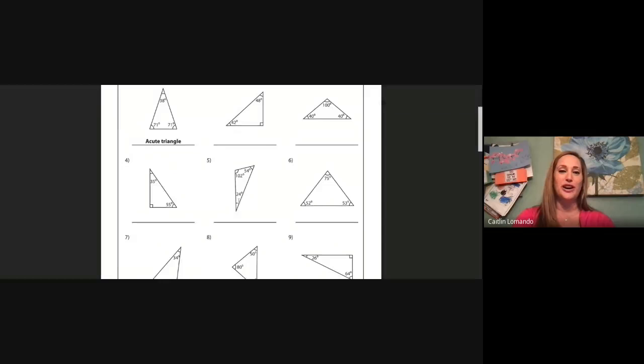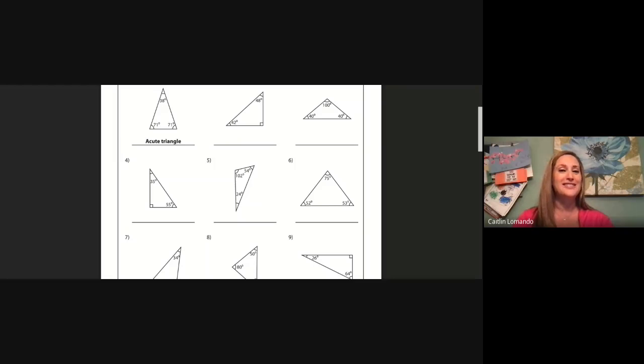Let's look at number 4. Ooh, I see that little box in the corner again. Think about what that means. Let's pause and discuss. Triangle number 4 is a right triangle because it has one right angle. Let's look at triangle number 5. We have two angles that are 54 and 24, and one that's 102.